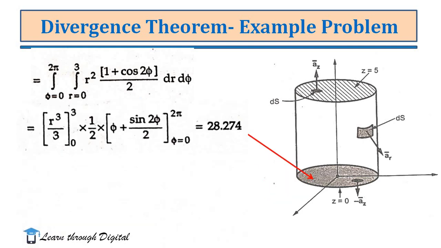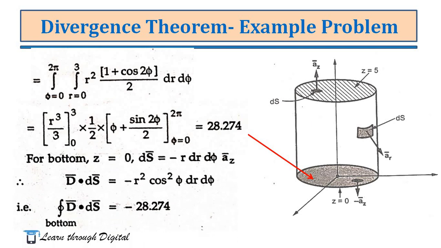After integration, we substitute the values of φ and r. Finally, I'll get 28.274 for the top surface. Next, I'm going to evaluate the bottom surface. For the bottom surface, z is equal to 0.